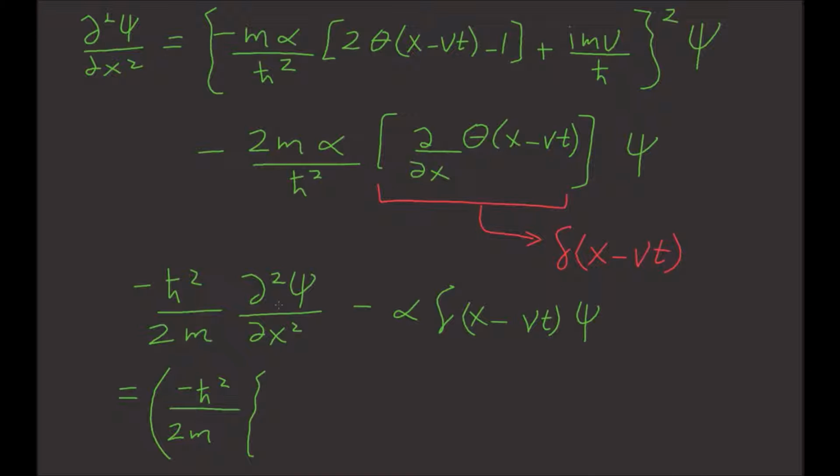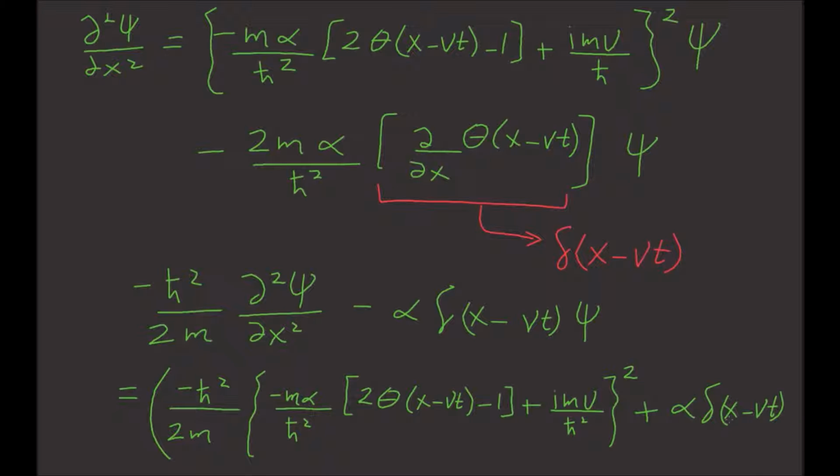Let's substitute this second derivative, which we have: minus m alpha divided by h bar squared times this weird term, 2 times theta of x minus vt minus 1, plus i m v divided by h bar squared, and this is being squared, right, plus, we're not done, plus alpha times delta of x minus vt, minus alpha times delta of x minus vt.